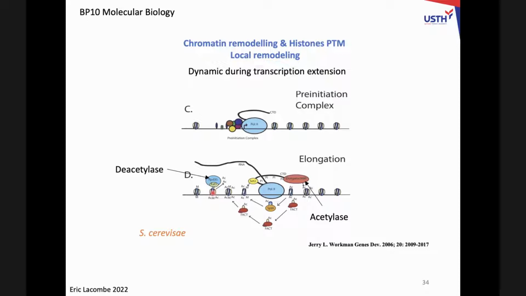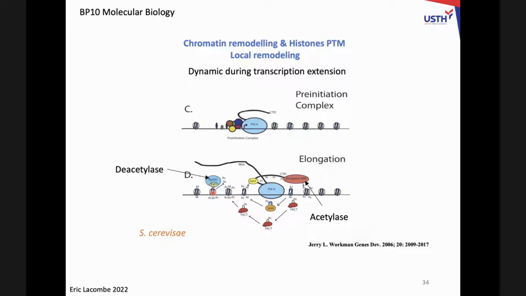So in other words, the very beginning of activation of transcription is local decompaction. With this local decompaction, the whole pre-initiation complex is able to bind to DNA.